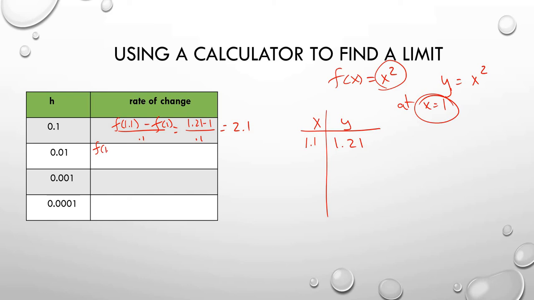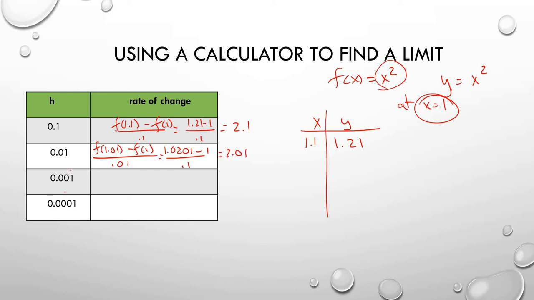If I do f of 1.01, I'm using a smaller h, minus f of 1 over 0.01, that's going to be 1.0201 from your table of values in your calculator, minus 1 over 0.01, and that's going to be 2.01.